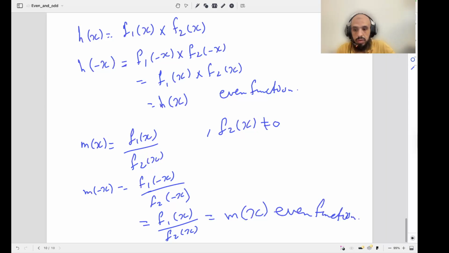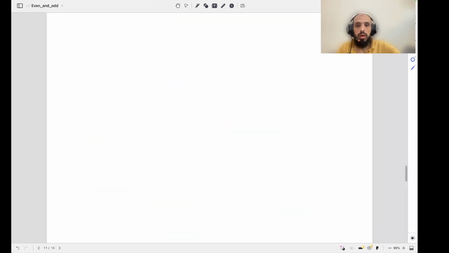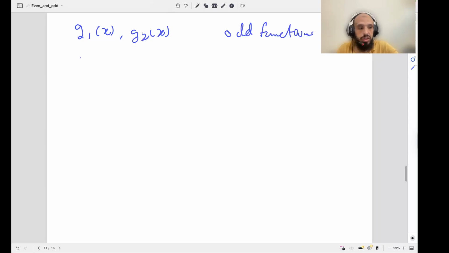Now what about the relations between odd functions? If we have two functions, g1 of x and g2 of x, and both of them are odd, let's check their relations.